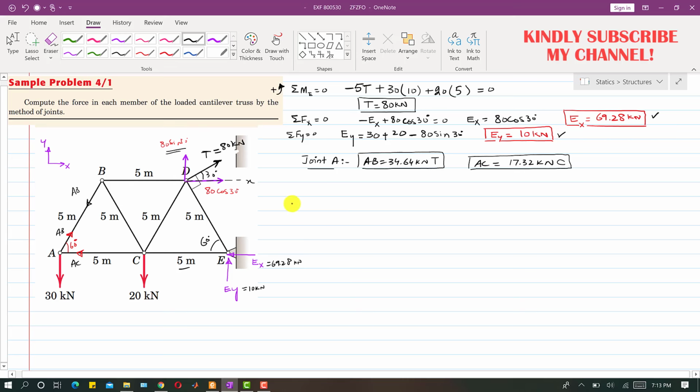So now we have to consider this joint B. If I isolate this joint B from the whole truss, so let me isolate this joint B now.